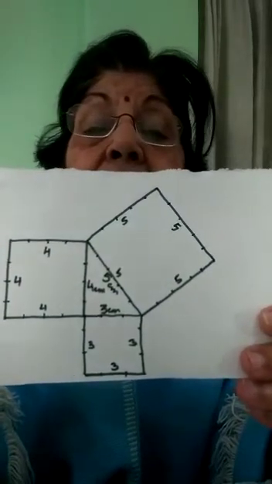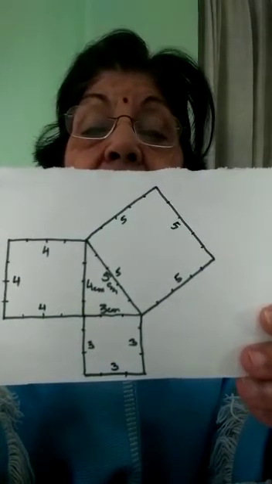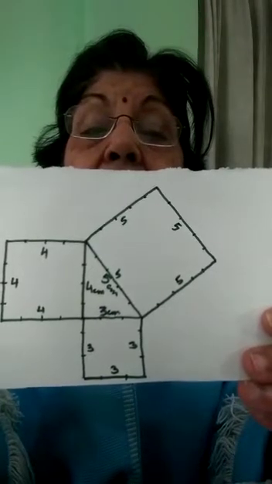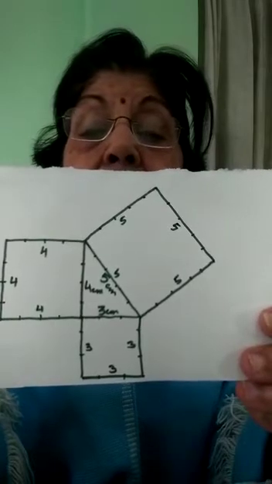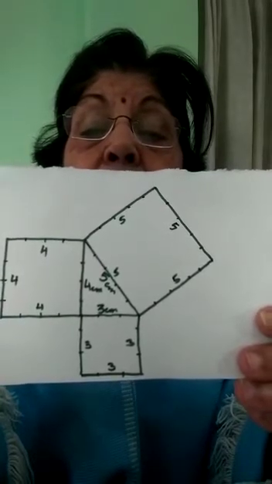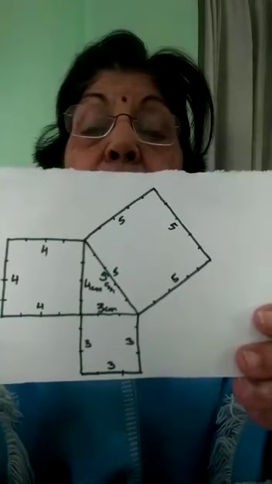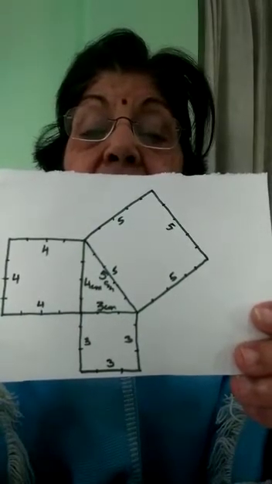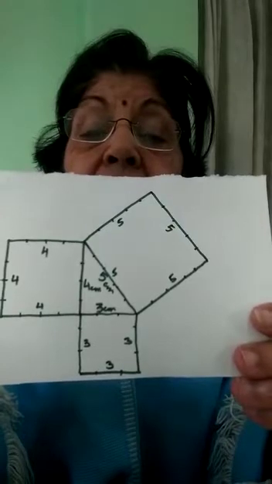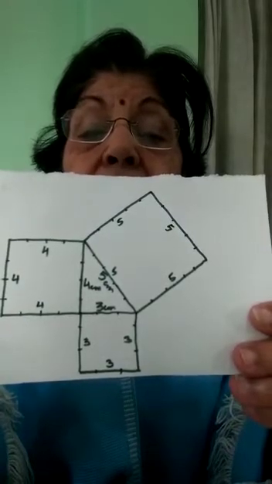Same way, the 5 centimeter side has been divided into 5 parts and each part is 1 centimeter. The lines which form the square also, I have drawn dots on those, and all the sides have been divided into parts and each part being 1 centimeter.